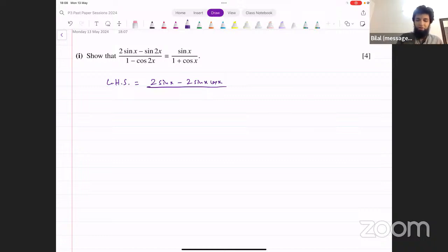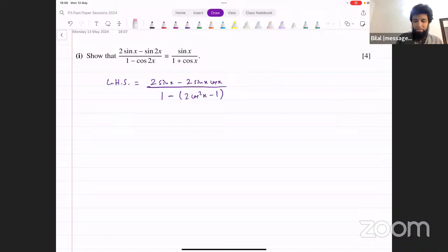Now, when you have a fraction like this, the idea is you want to somehow try to cancel some things out, try to make things simpler somehow. Let's see which form is going to help us do that. If we use 2 cos square x minus 1, that's going to give us 2 sine x common in the numerator, 1 minus cos x, and then you can have sine x there, 1 minus cos. Okay.